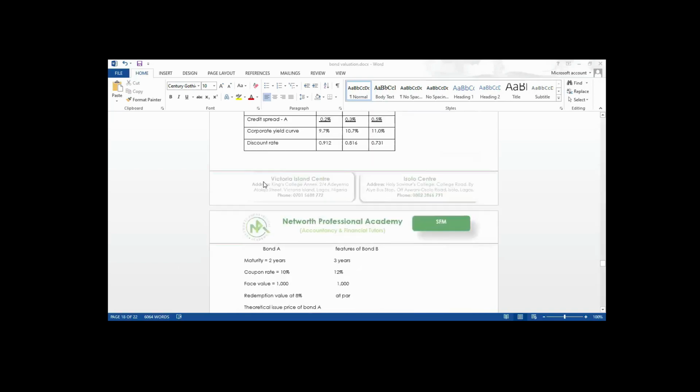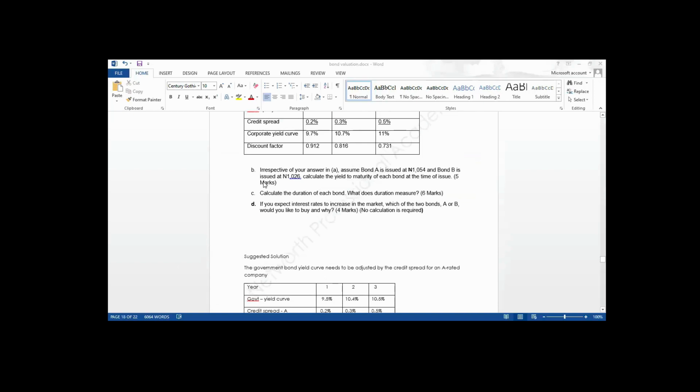Look at requirement B. Irrespective of your answer in A, assume bond A is issued at 1,054 and bond B is issued at 1,026.